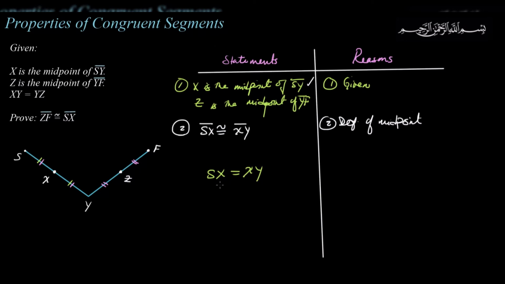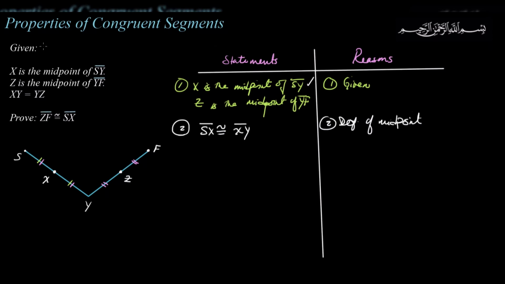It says a midpoint divides a segment into two congruent segments. So this is precision in definition, and that's why it would be semi-incorrect to write SX equals XY from the definition of midpoint.